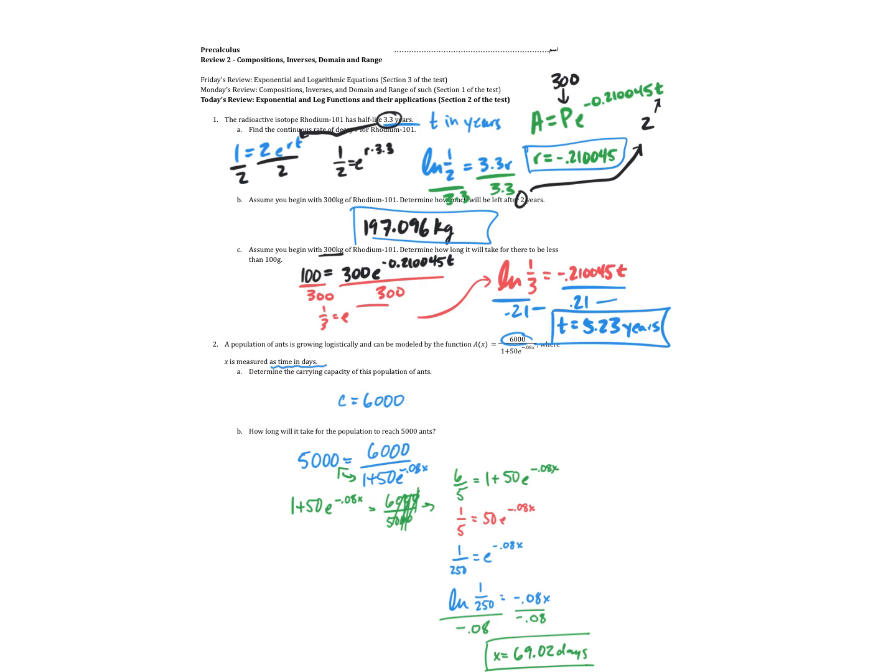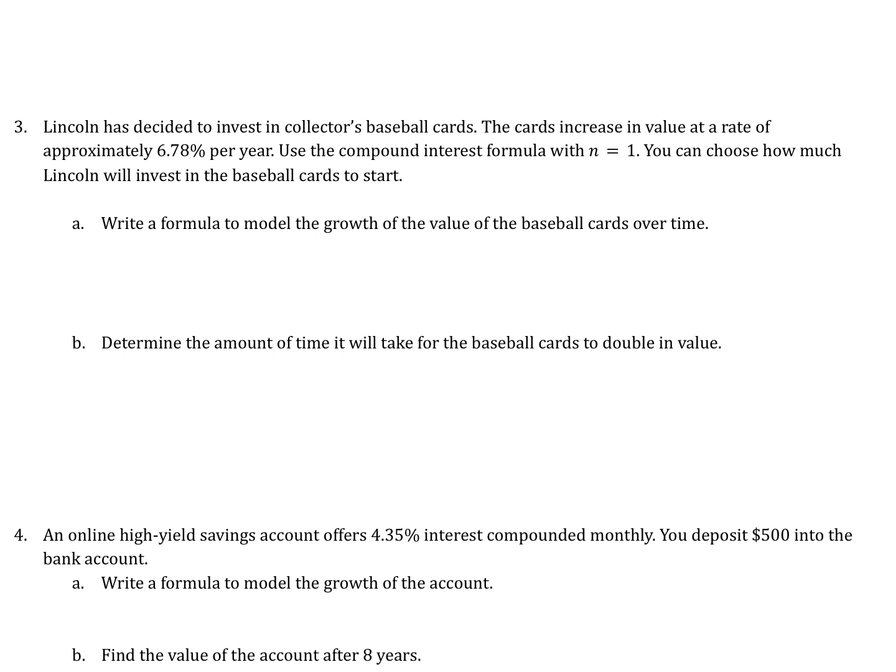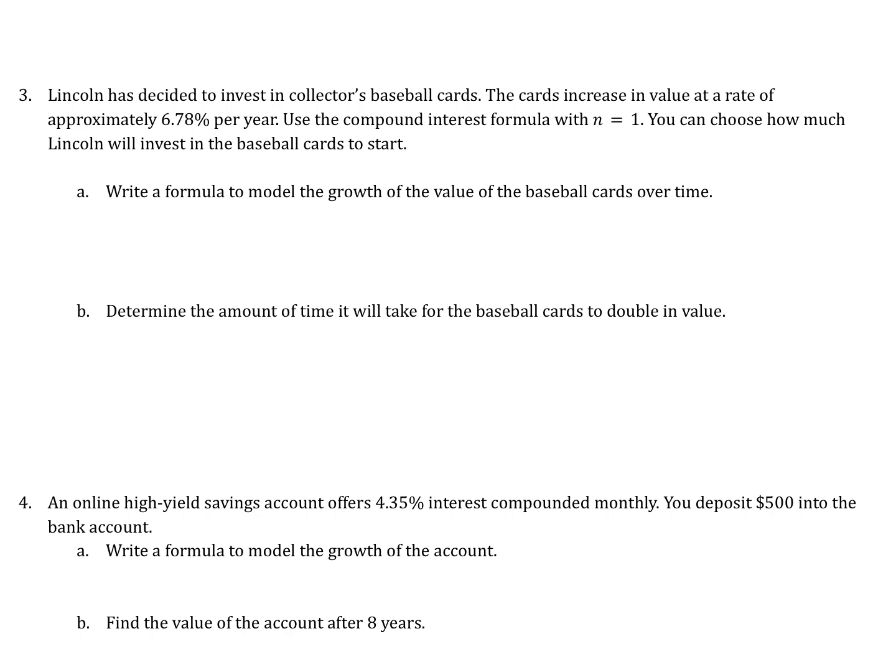There's our first page. Second page, Lincoln is choosing to buy some more interesting investments. We have an estimated yield of 6.8% per year. That means we're going to choose r equals 0.0678.